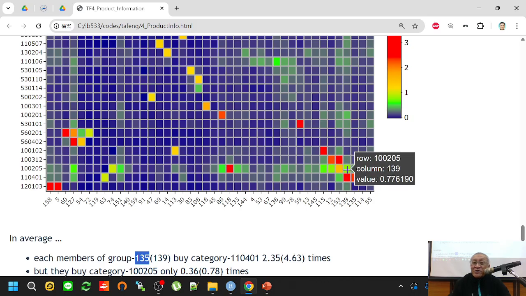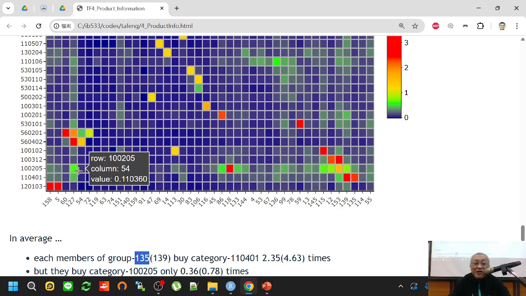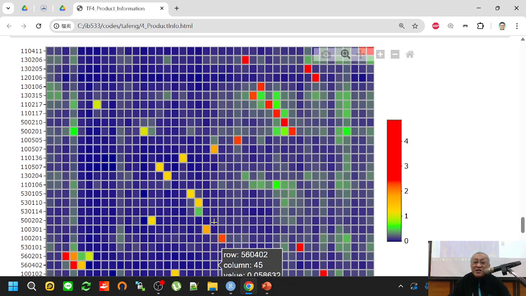So if you want to focus on these two groups, you can use this product category to attract them, right?